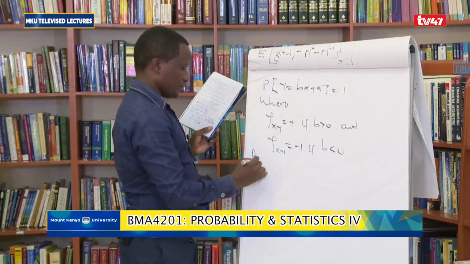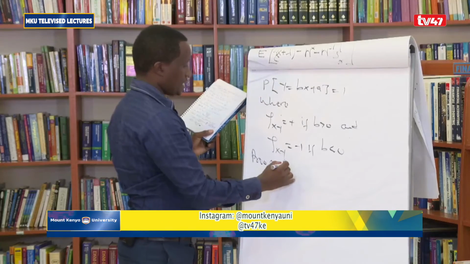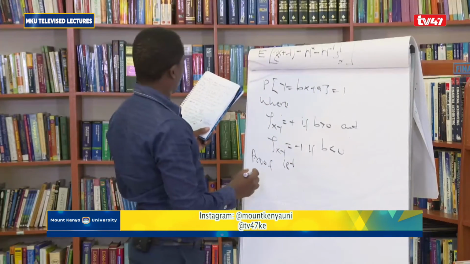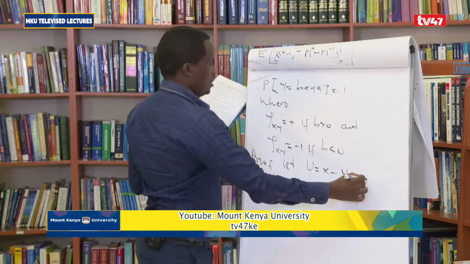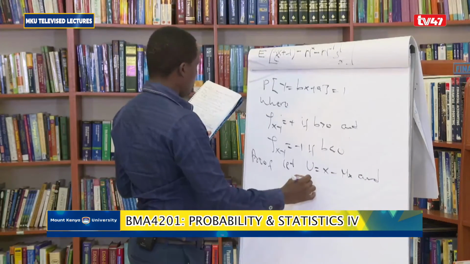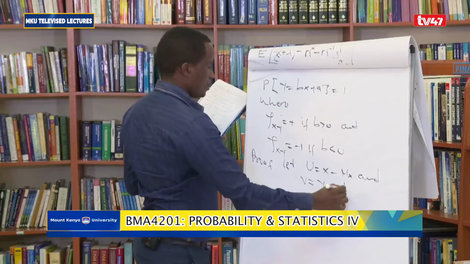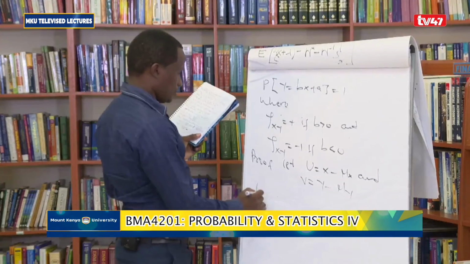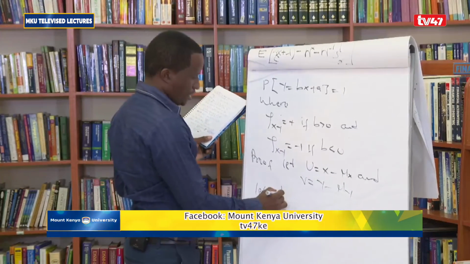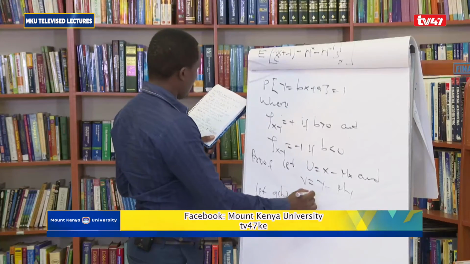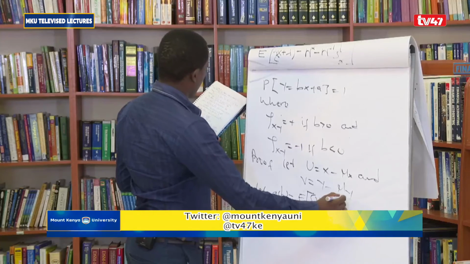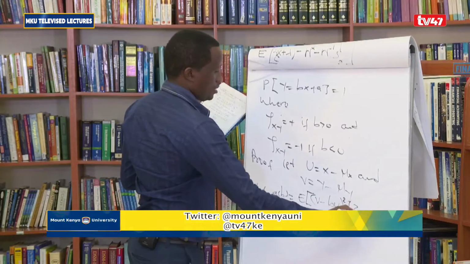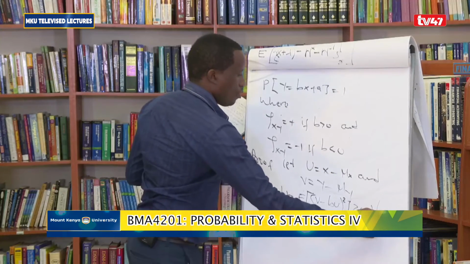Proof. Let u be defined by x minus mu of x, and v be defined by y minus mu of y. Let also g of b be equal to the expected value of (v minus bu) squared, and this is greater than or equal to 0 for all b.